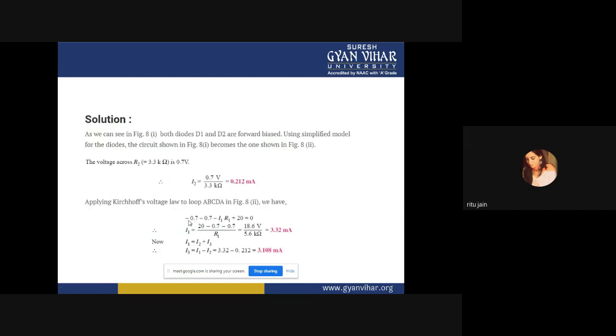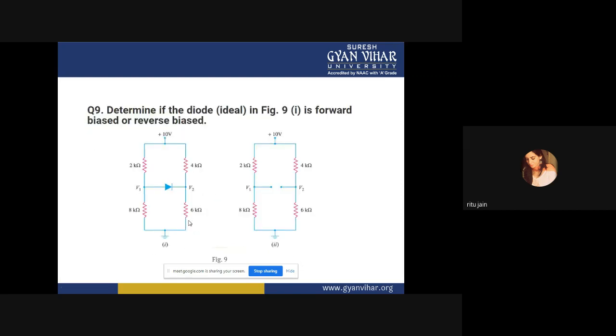Now let's come to the next question. The question is: determine if the diode in figure 9a is forward biased or reverse biased. So you can see in the diagram that there are four resistances connected to each other. Let's talk about this loop.